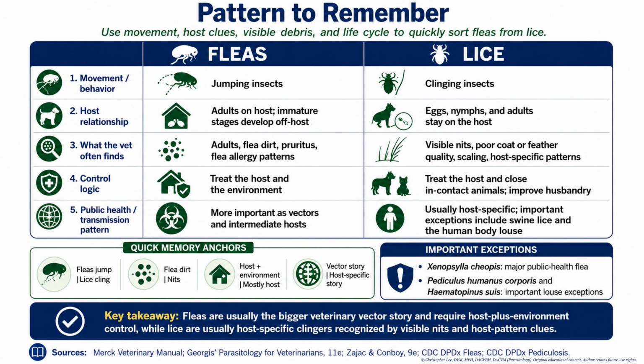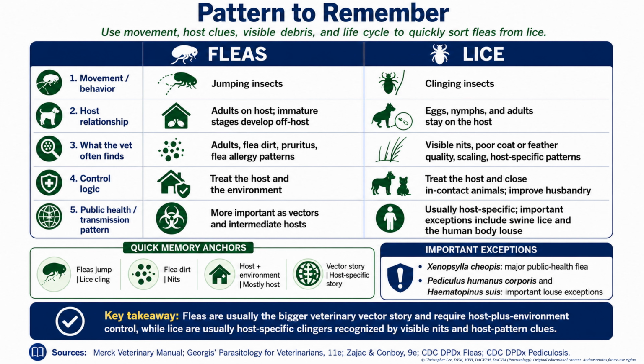Let's pull the pattern together. Fleas jump, lice cling. Fleas have adults on the host, but immature stages develop off-host in the environment. Lice keep the whole life cycle on the host: eggs, nymphs, and adults. Fleas often leave flea dirt, allergic skin patterns, and public health or intermediate host stories. Lice often leave nits, rough coat, feather damage, anemia in sucking louse infestations, and strong host pattern clues.